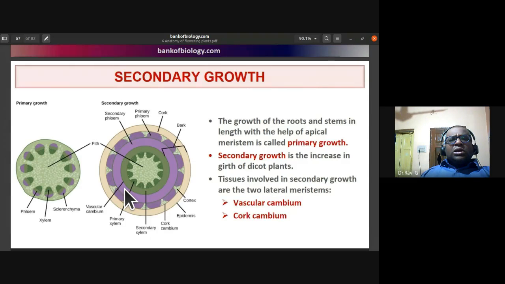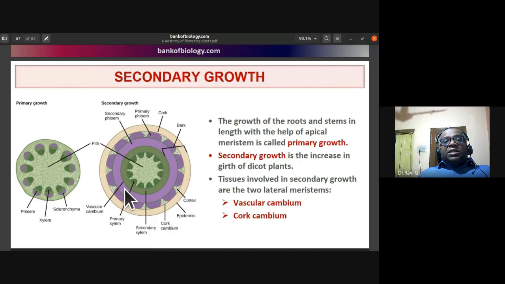So what is primary growth and secondary growth? Primary growth is the increase in the length of the plant, a longitudinal increase. When I discussed plant tissues, I told you that apical meristem and intercalary meristem are responsible for primary growth, the increase in the length of the plant. The lateral meristem is responsible for the increase in the girth of the plant.